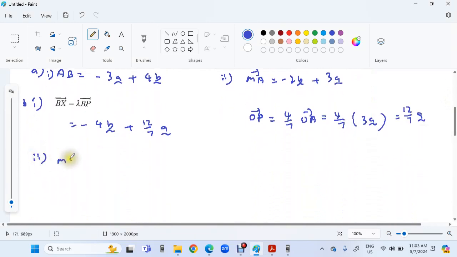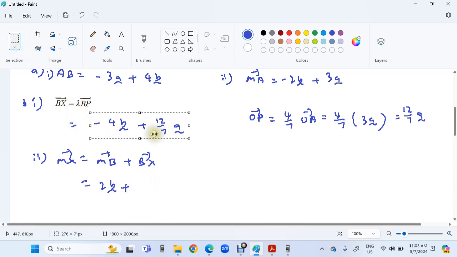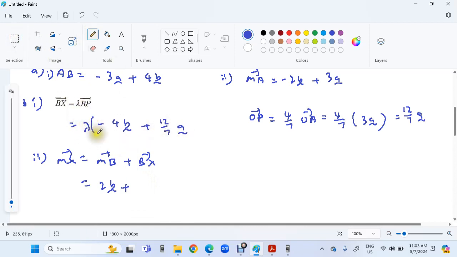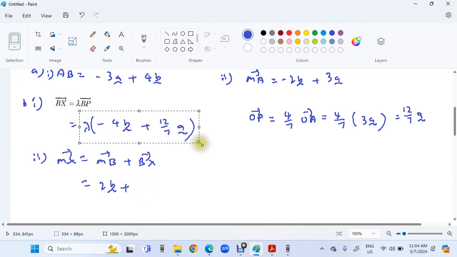So MX is MB plus BX. MB is 2B. BX is lambda of this. Then we have plus this whole thing.